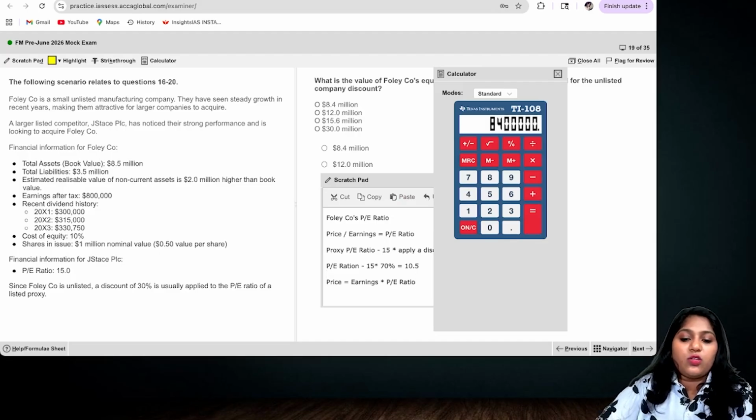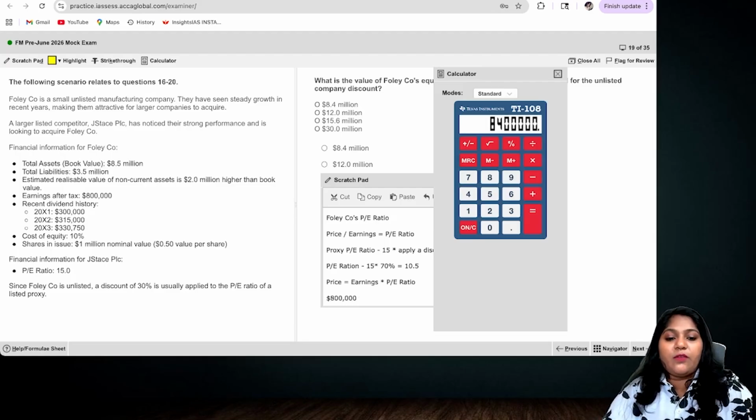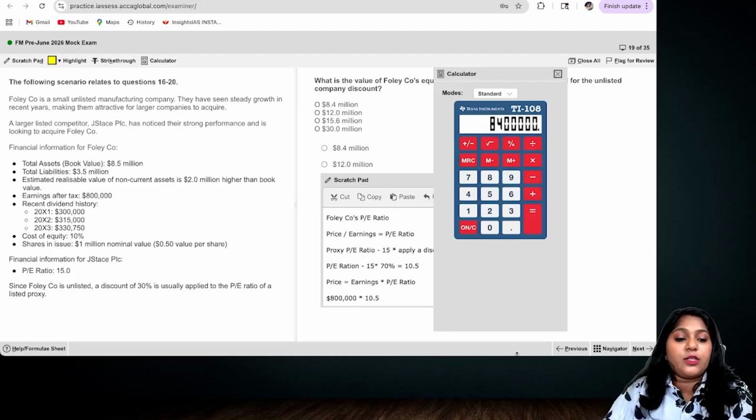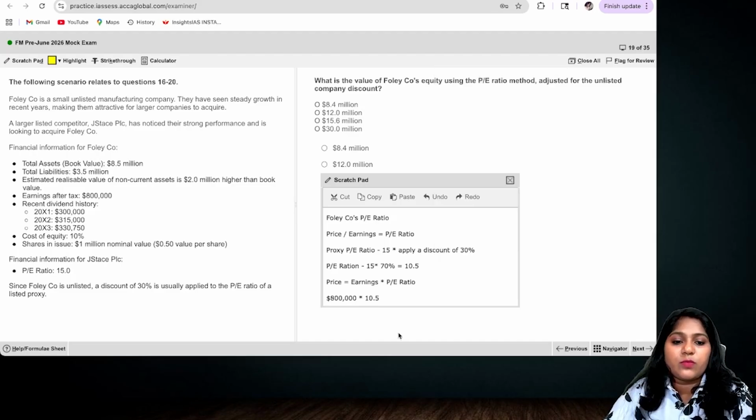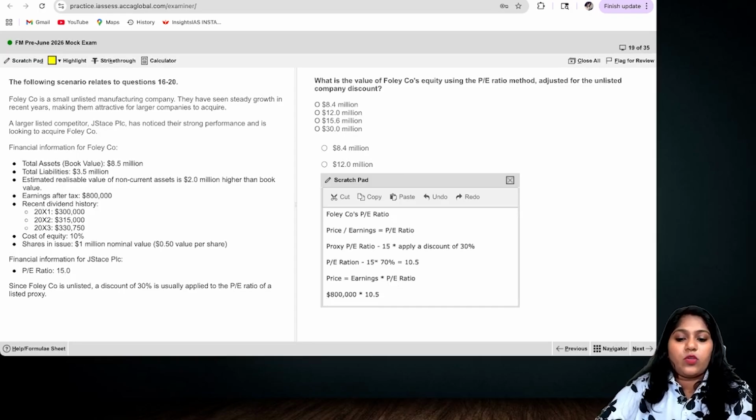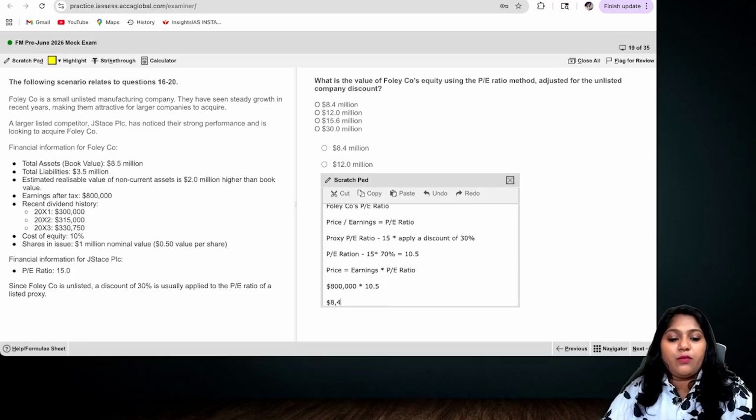The total earnings are $800,000 multiplied with the discounted price earnings ratio that we will be using, which is 10.5. That should give the value of 8.4 million as the total company's value. This should be $8,400,000. The answer has to be simply option A.